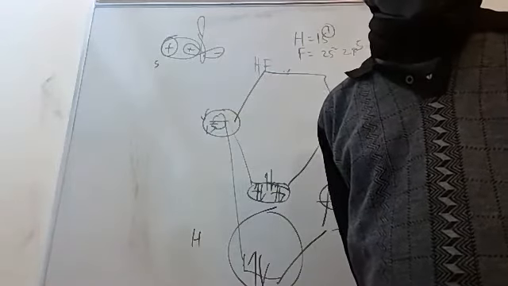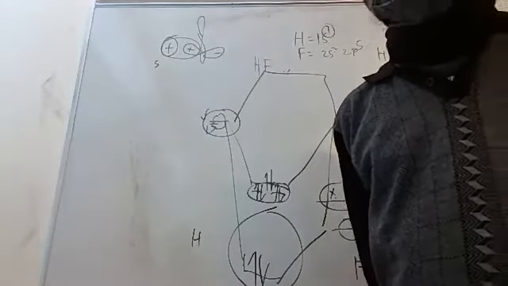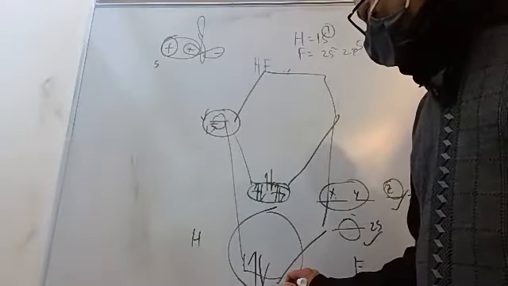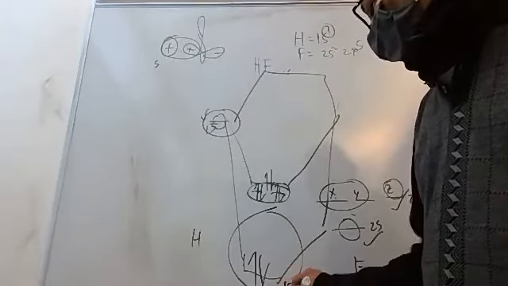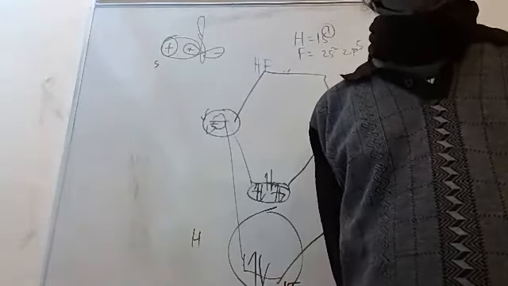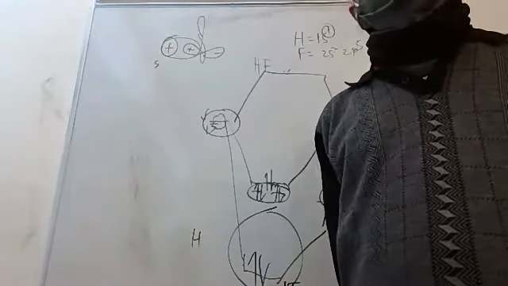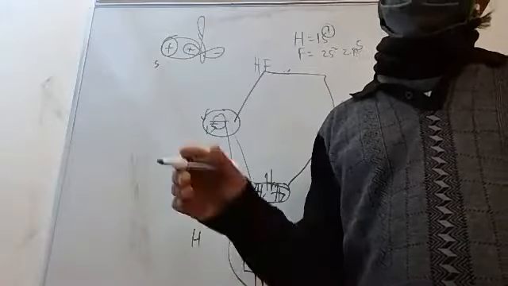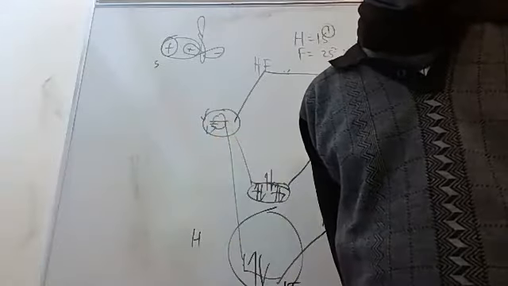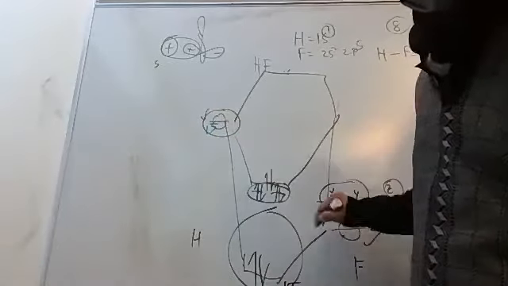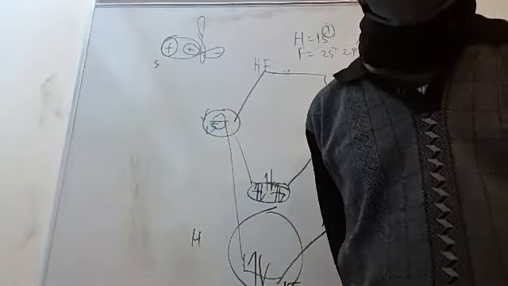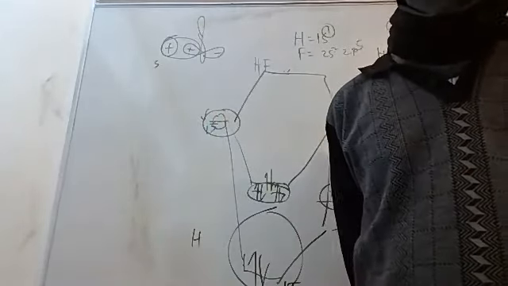Yes. Great, excellent. The other thing that I'm going to talk about is, remember in the past we used to say 1 sigma, 2 sigma, and so on and so forth. But here we can't really use sigma terminology. Although some people use it, a sigma means it is cylindrically symmetrical. But because the orbitals have different energies, the molecular orbitals lack the cylindrical symmetry that is necessary for a sigma.